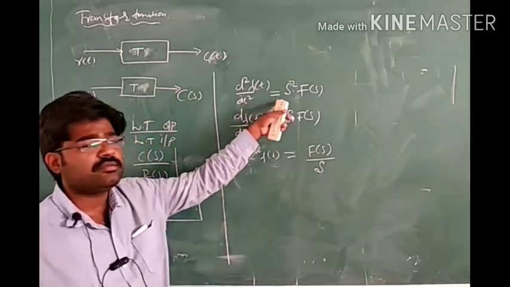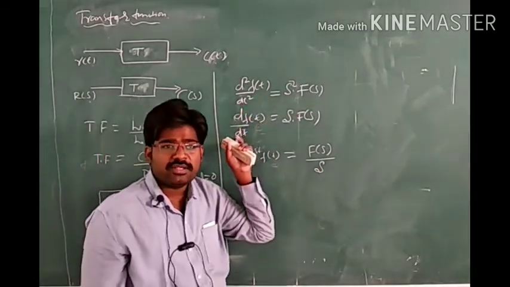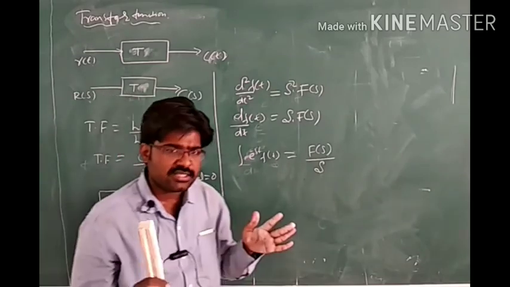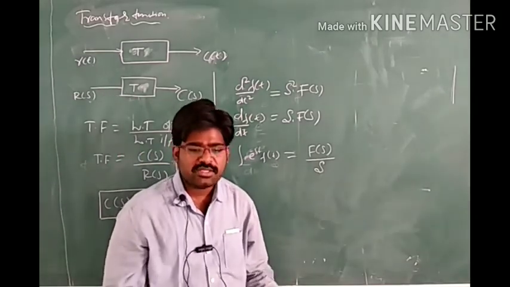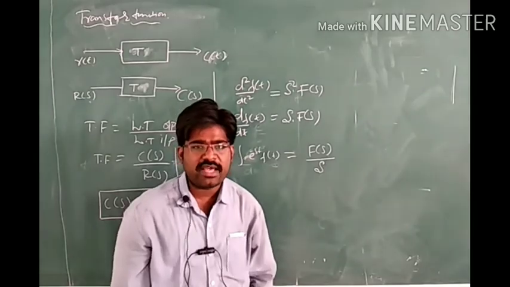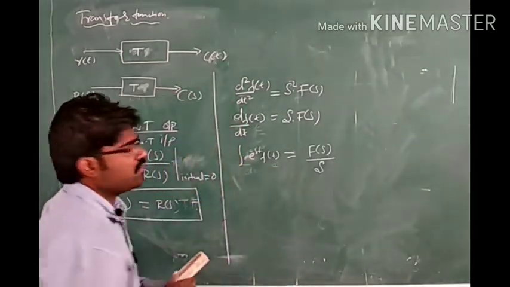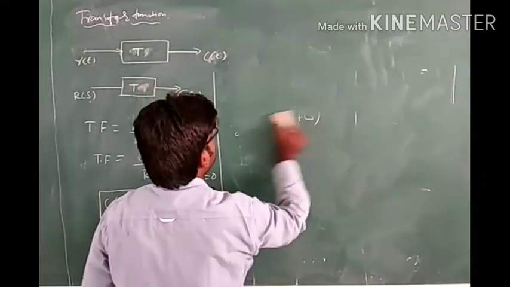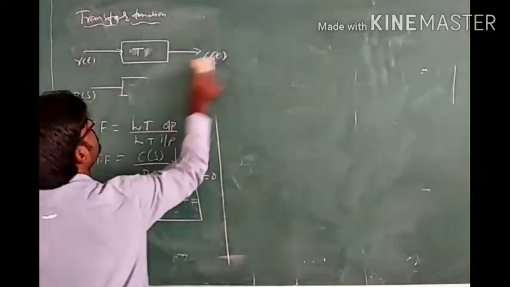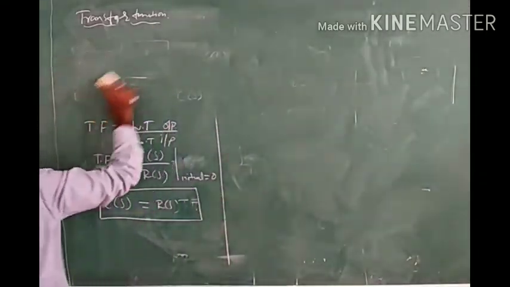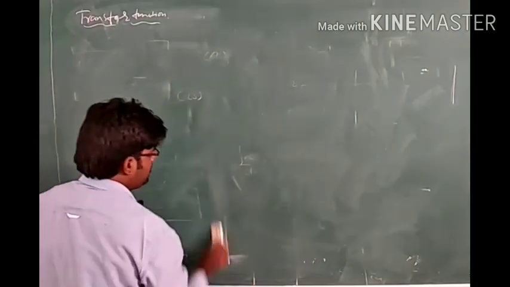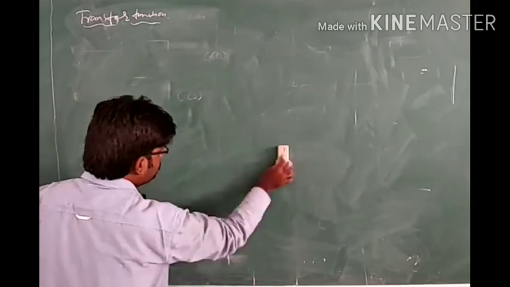So d square is nothing but s square, double differentiation will be s square, single differentiation is nothing but s, integration means 1 by s. Understood? Okay, then we'll see one simple problem so that you will understand how we represent the differential equations and integrations in Laplace transformation, right?